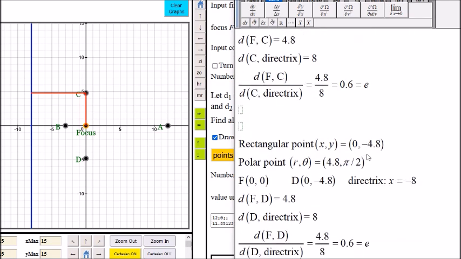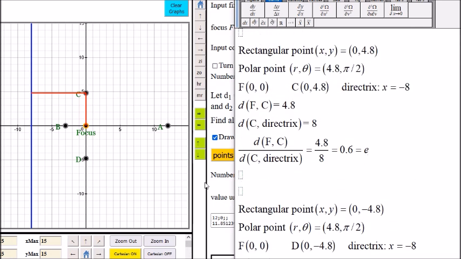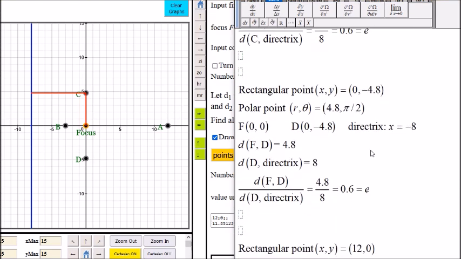And now let's look at point D, which is the same thing. Look at this point D right here, which is located at the point 0, -4.8. So the distance from D to the focus is 4.8. And then the distance from D to the directrix is 8.